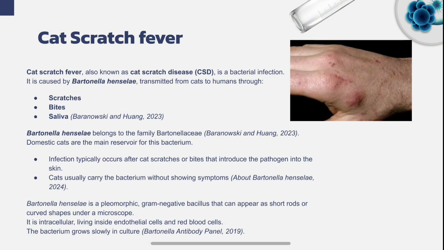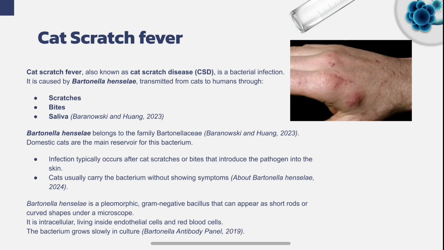Bartonella henselae belongs to the family Bartonellaceae. Domestic cats are the main reservoir for this bacterium. Infection typically occurs after a cat scratches or bites, which introduces the pathogen into our skin. Cats usually carry the bacterium without showing any symptoms.